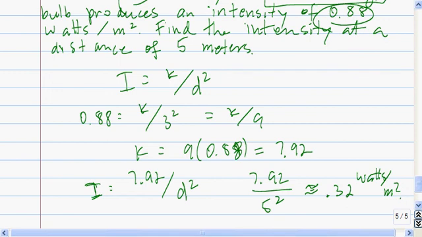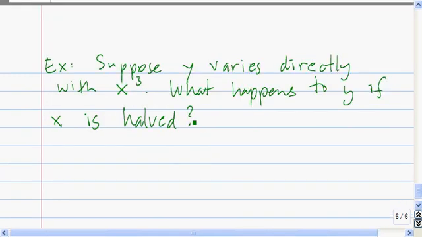All right, we're going to do one more type of example. All right, why don't you read through this example, press pause, and work on it. All right, well, as always, we should start by writing out the equation that this is telling us.